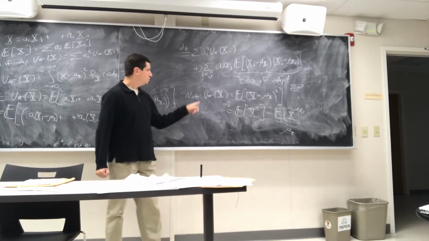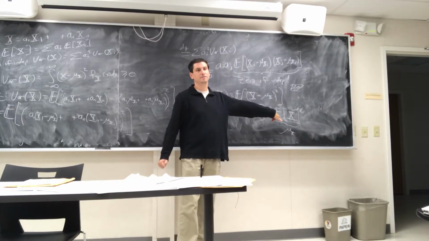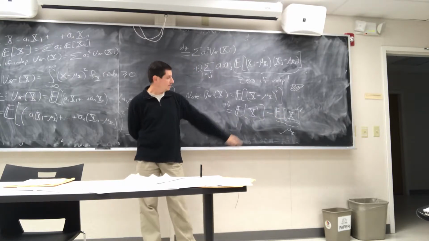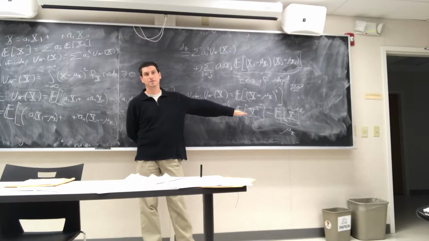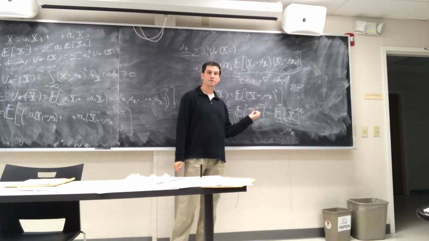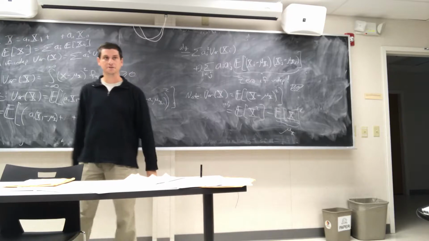The variance is non-negative. So this has to be non-negative. It's not immediately clear when you just look at this that it would have to be non-negative. Maybe the square has a slightly different distribution such that its expected value is less than the square of the expected value of x. Can't be the case.